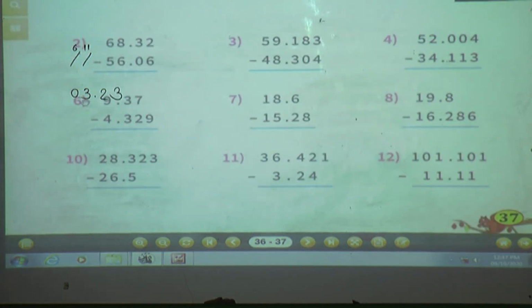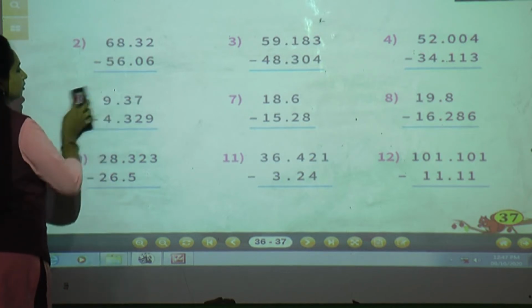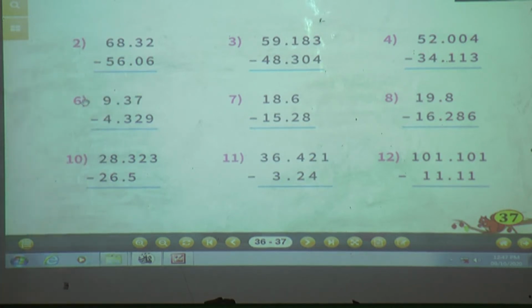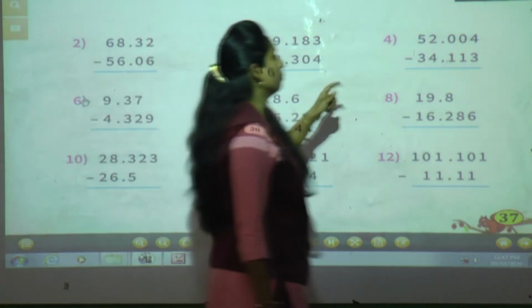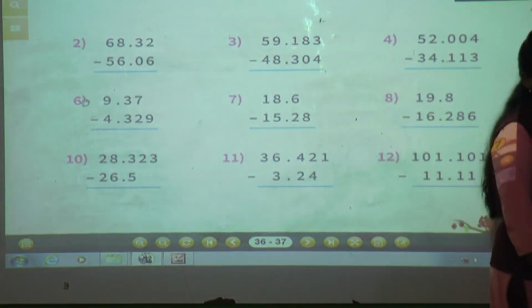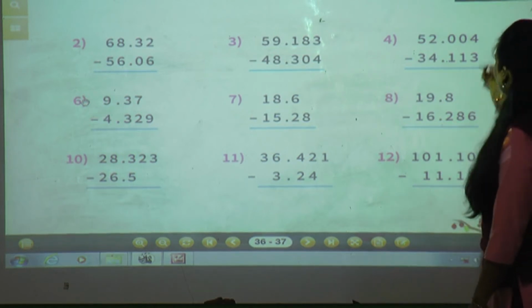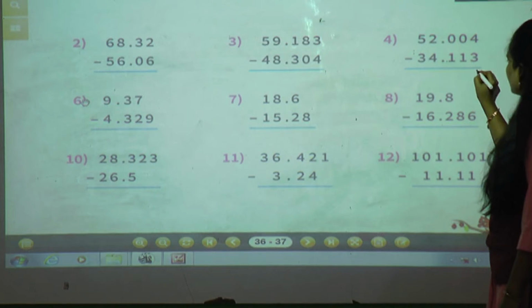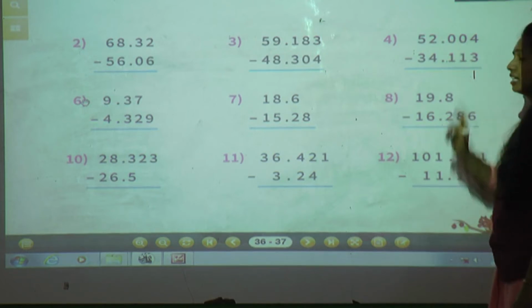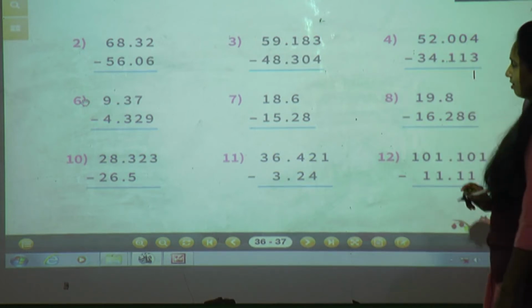Now I will solve the fourth one for you. Okay. Now see the fourth one. 52.004, 34.113. We will subtract. Okay. Now 4 minus 3 is 1. 0 minus 1, we cannot subtract.